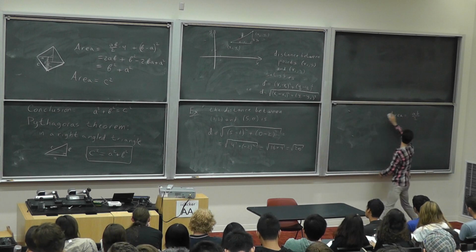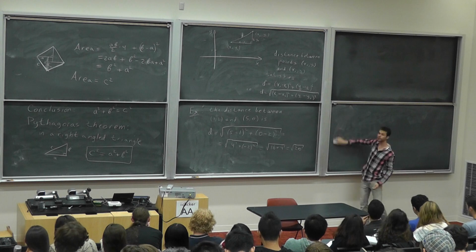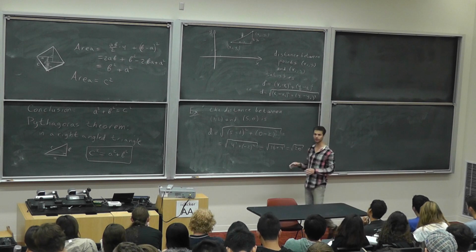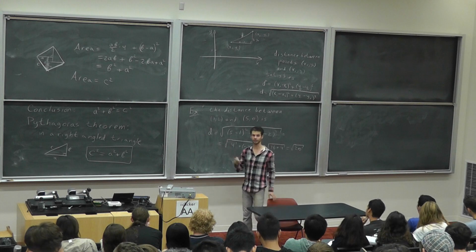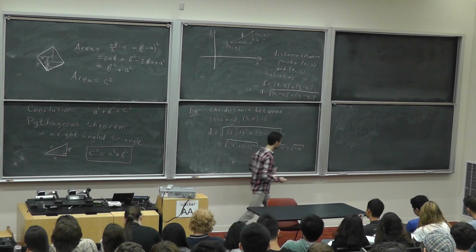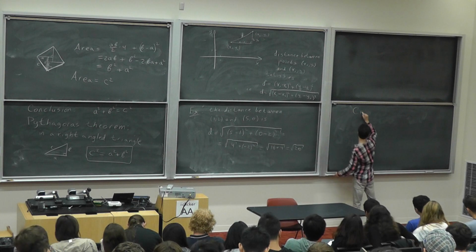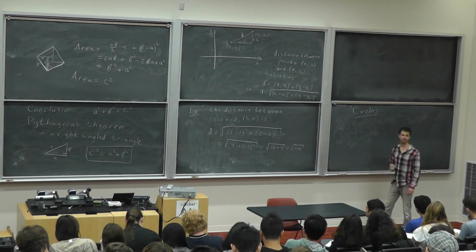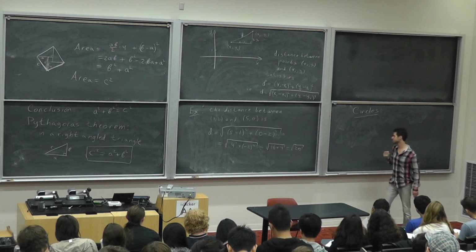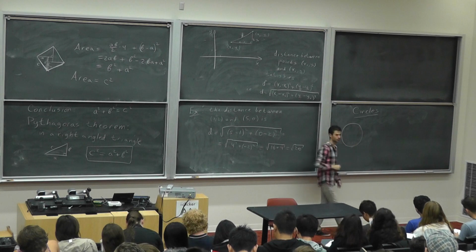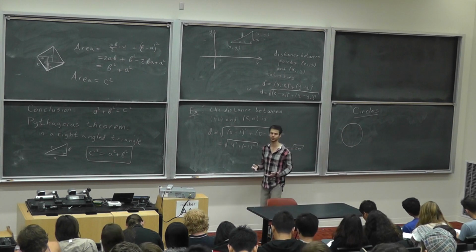Let's do another thing. Let's describe circles in the plane. So for now we know a way to describe only one figure on the plane algebraically, that's a line. Now we can also discuss circles. So what is a circle? First of all, you'll recall what a circle is.